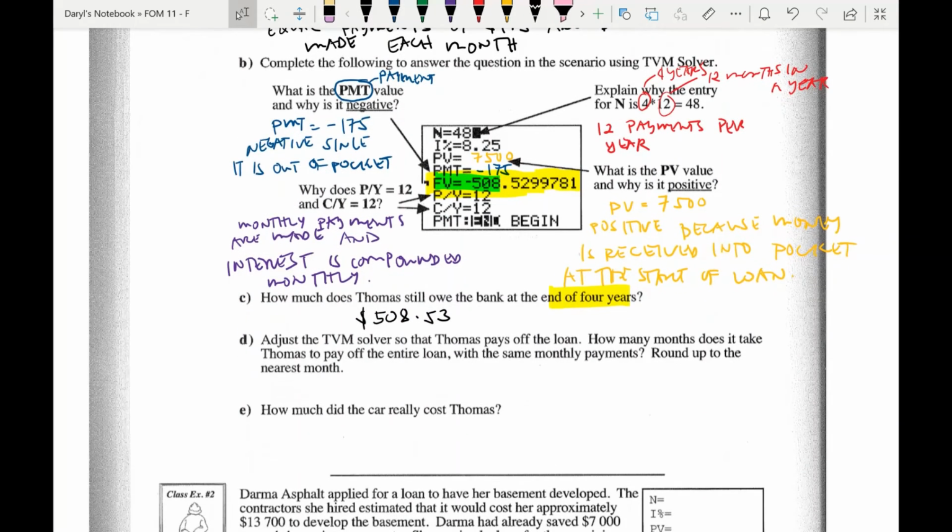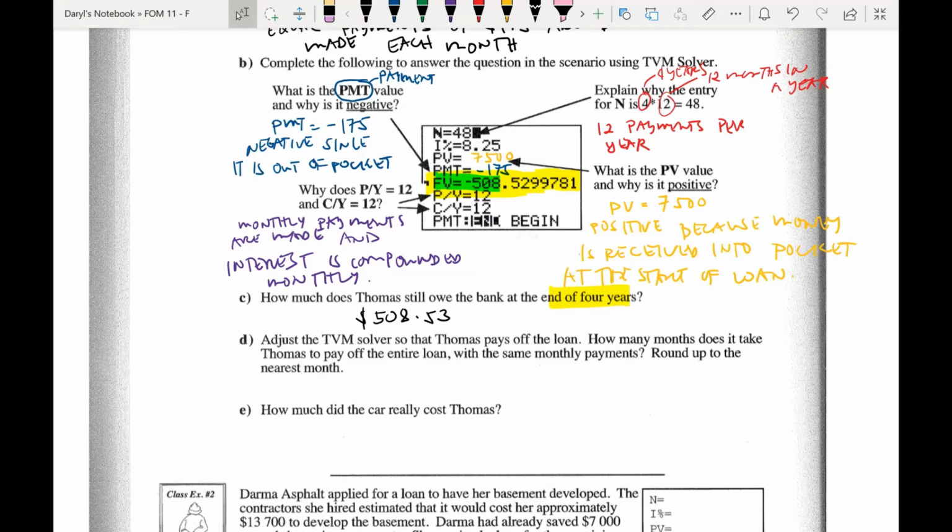So for letter D, adjust the TVM solver so that Thomas pays off the loan. How many months does it take for Thomas to pay off the entire loan with the same monthly payments? Round up to the nearest month.